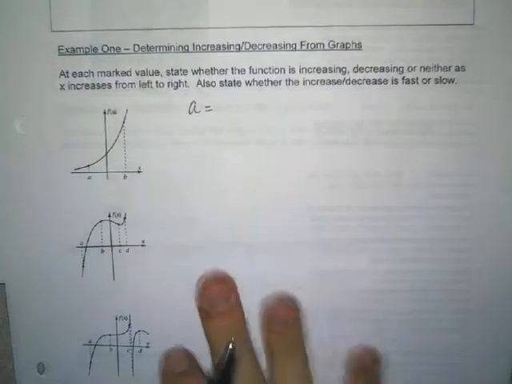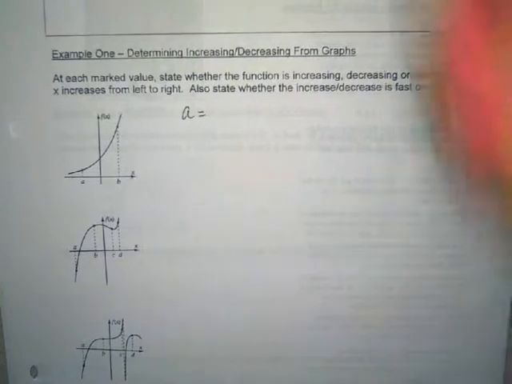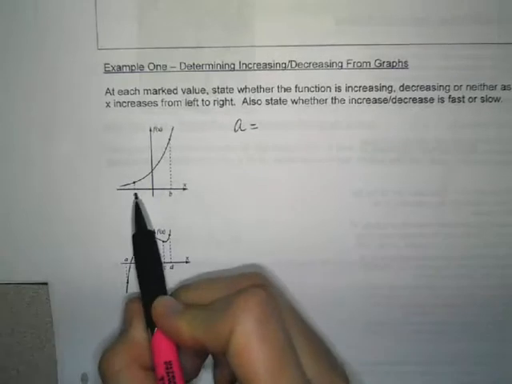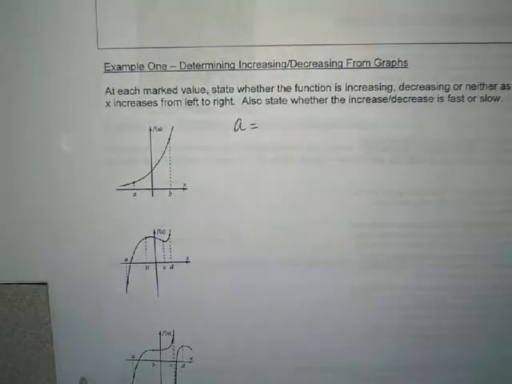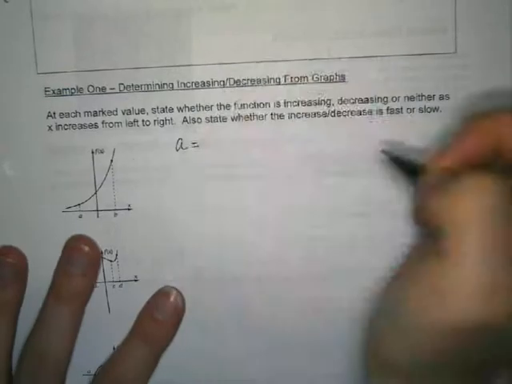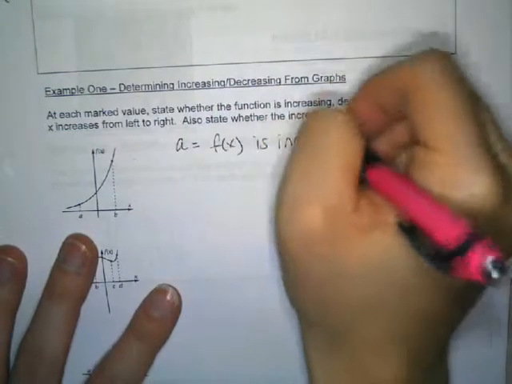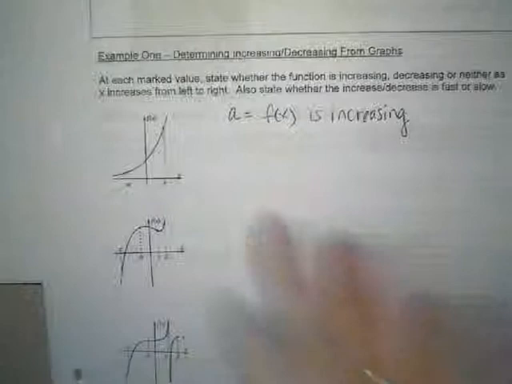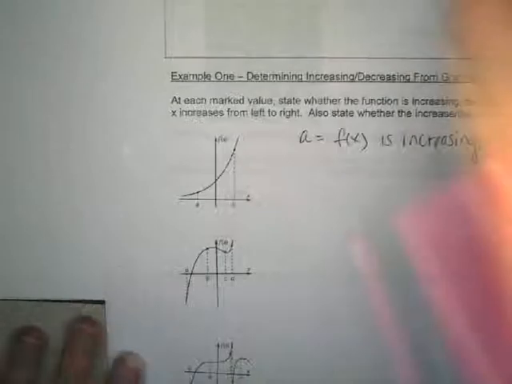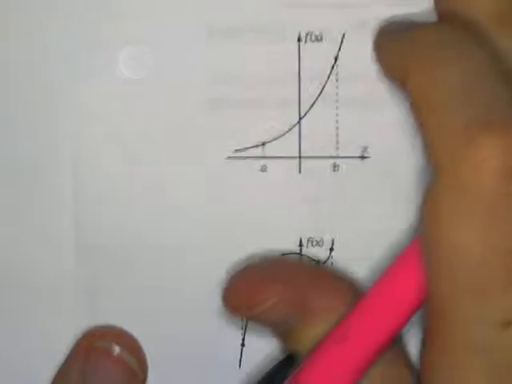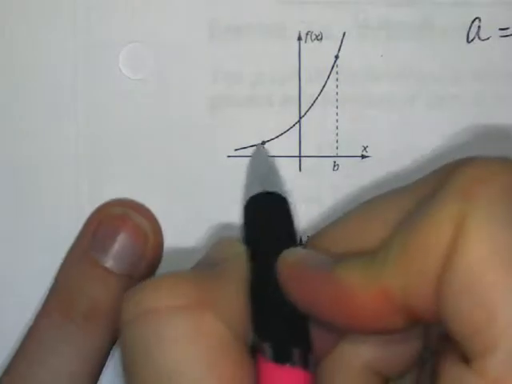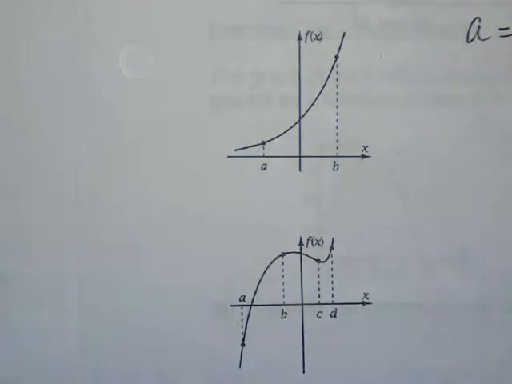So we're going to start with point A. Now, at point A, are you increasing or decreasing there? I'm increasing. Now, with a graph, it's kind of easy to tell because your graph is sloping upward, so we can say it's increasing. So at A, f of x is increasing. Now, we also have to say if it's increasing quickly or slowly. When you're looking at it, you do have to look just right there at that point. And I always like to draw in a tangent line.